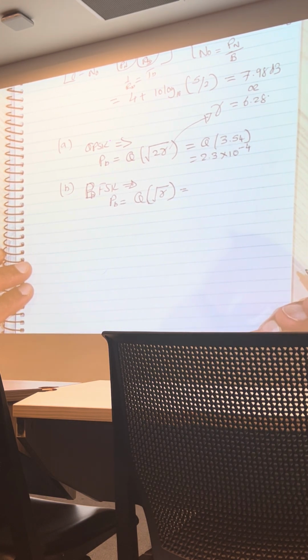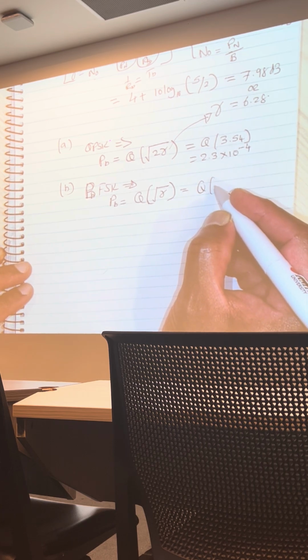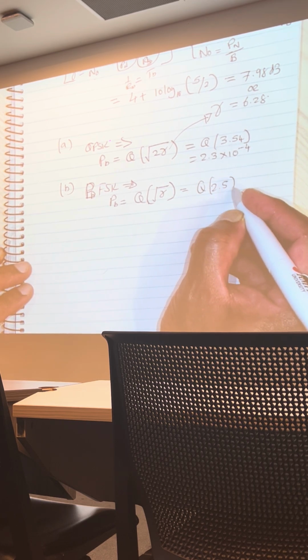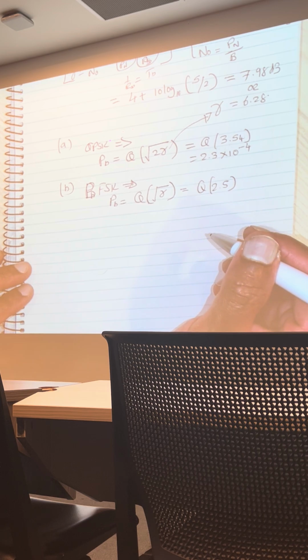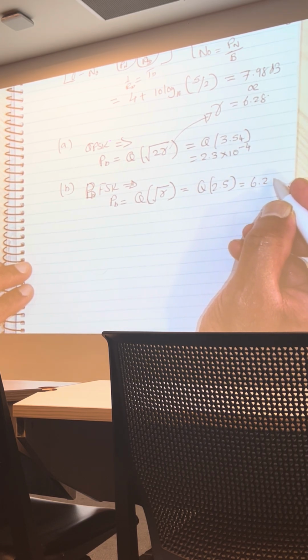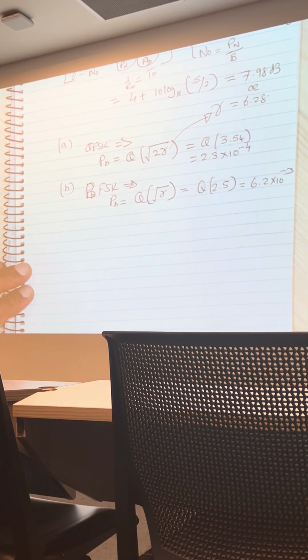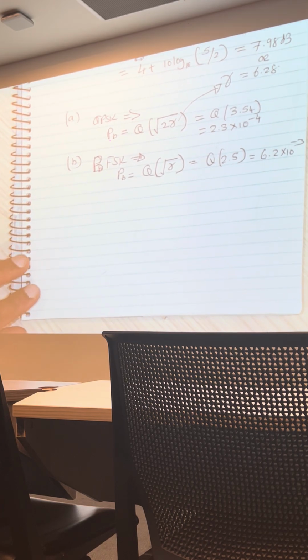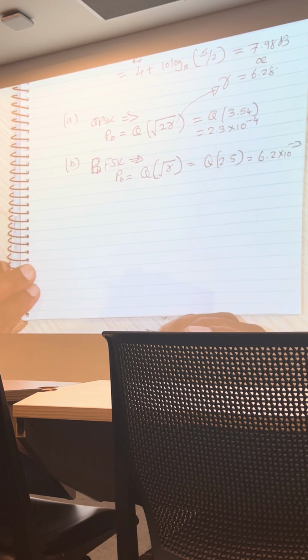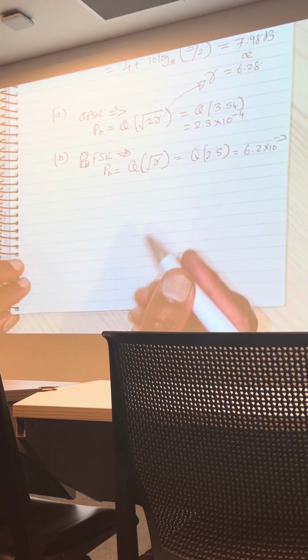That's the definition, and that square root of gamma becomes 2.5 once you substitute. And when you use the Q table, you get 6.2 into 10 to the minus 3. Okay. So these are pretty straightforward things. I'm just showing how to do the calculations, right?